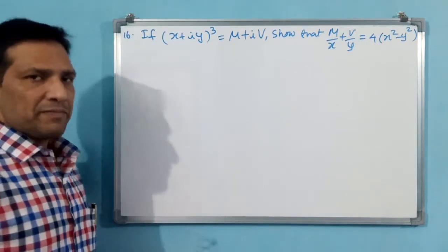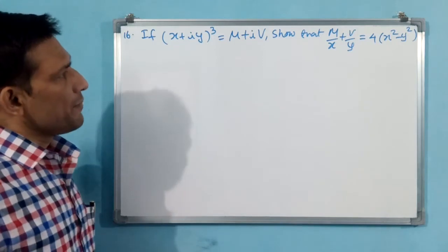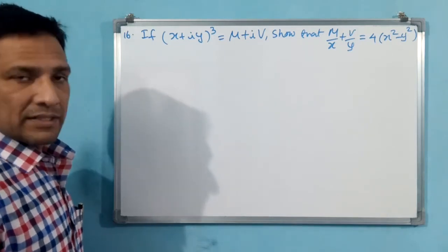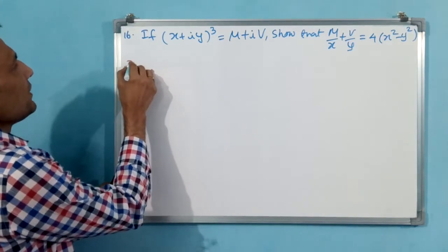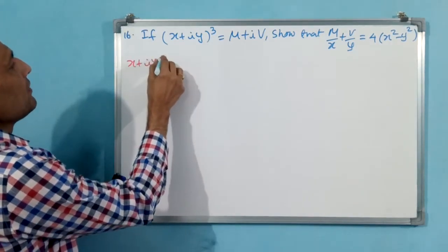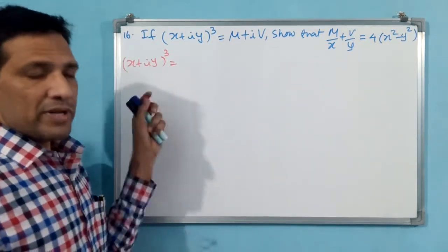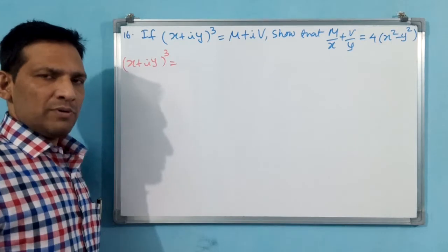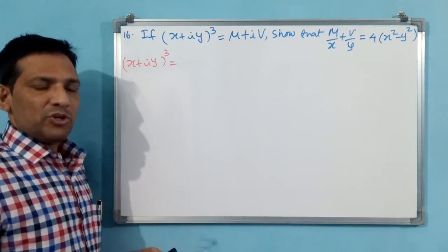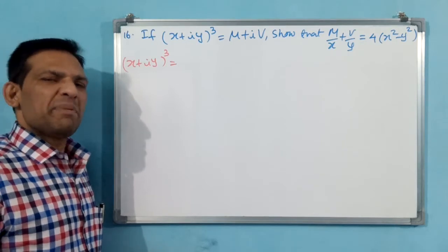Let us first expand this (x plus iy) whole cube. Then we will see further what can be done. See how I am writing. (x plus iy) whole cube is equal to. Now it is like (a plus b) whole cube form: a cube plus b cube plus 3a square b plus 3ab square.